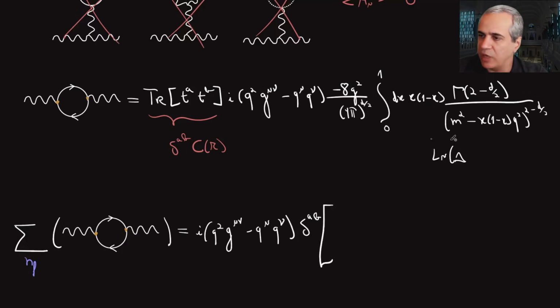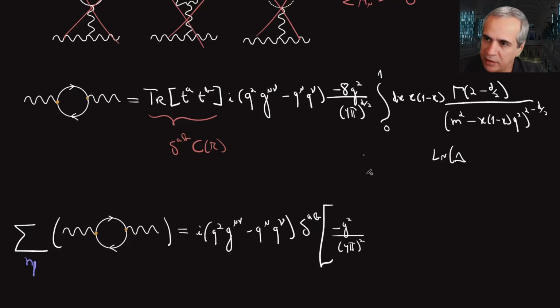I would have to do that integral too, but if I only care about the divergent part, I can just take the gamma in the numerator and do this integral, which is just a factor of 1 over 6, right? And then this 1 over 6 cancels with this 8 here to give a 4 over 3, right? So I have here minus g squared over 4 pi squared.